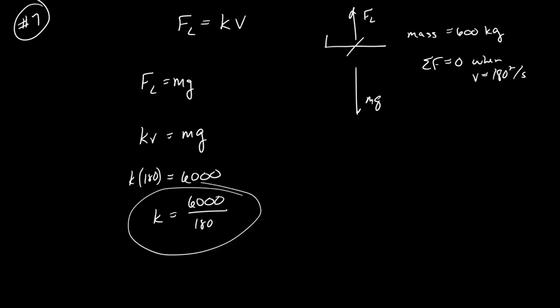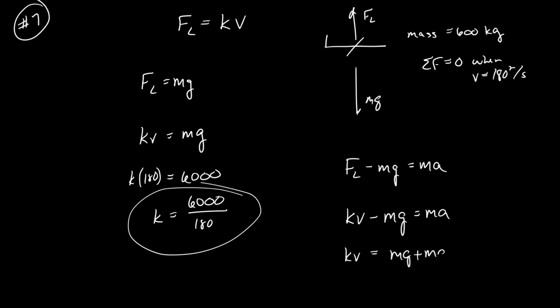Now, once I have that, and you can work out the numbers, we want the plane to have an upwards acceleration of 2 meters per second squared. So I want the lift force minus mg to equal ma, where a is 2. So kv minus mg equals ma. So kv equals mg plus ma.